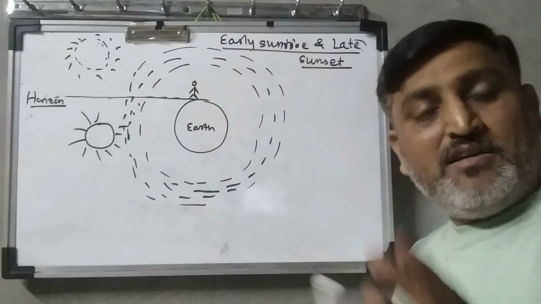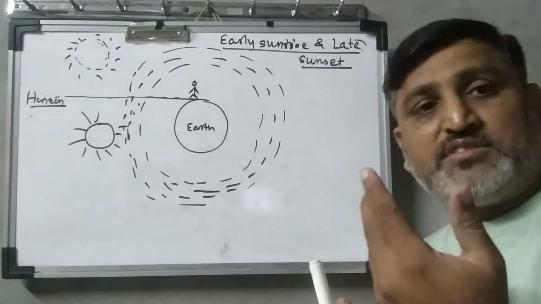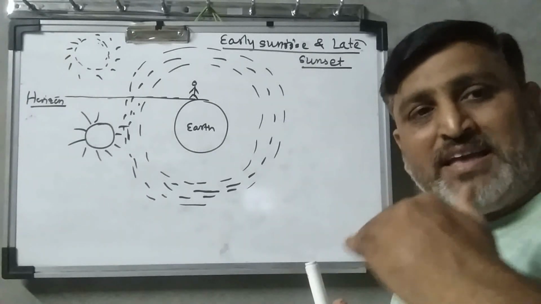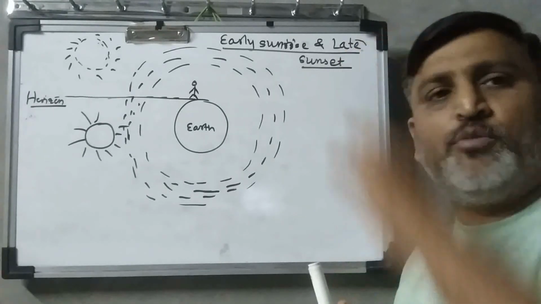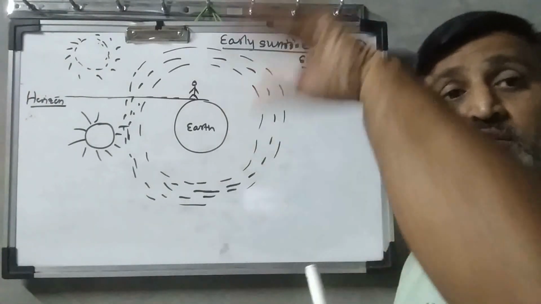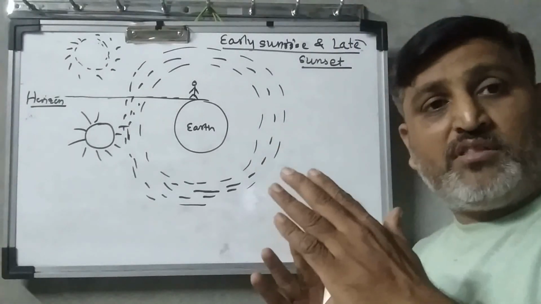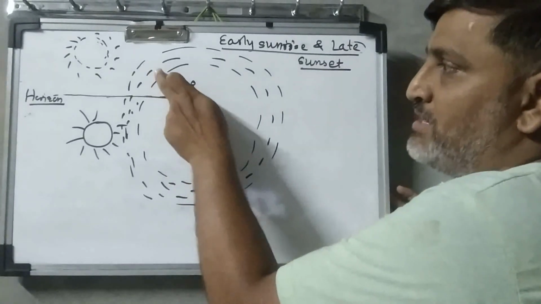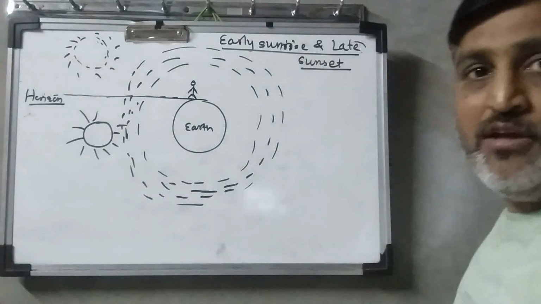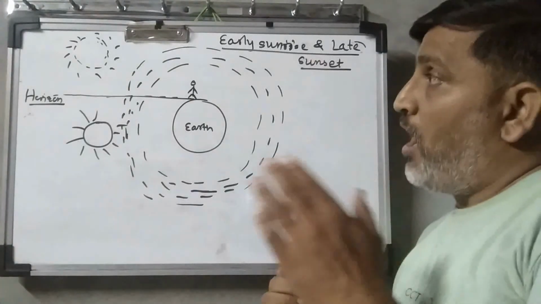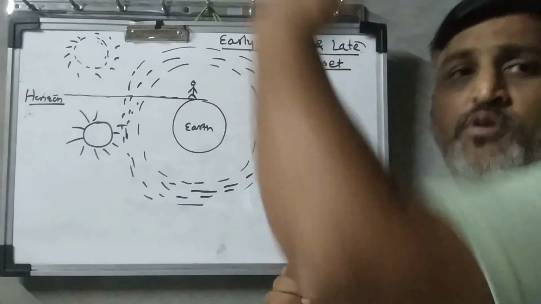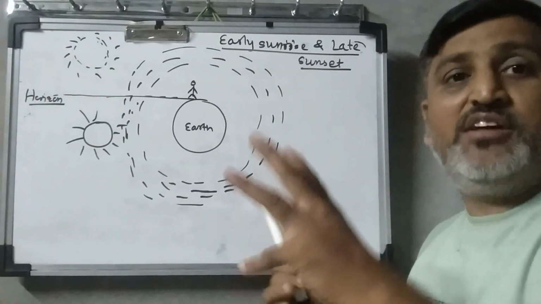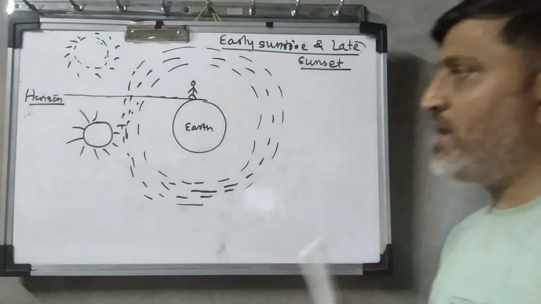Means the air layer at some kilometers above the earth's surface is warmer than the air layer below it, right? This layer is warmer than this layer, than this layer. So the upper layer which is very high above the earth is warmer than the layer which is near the earth.